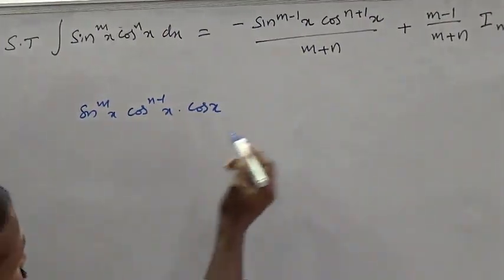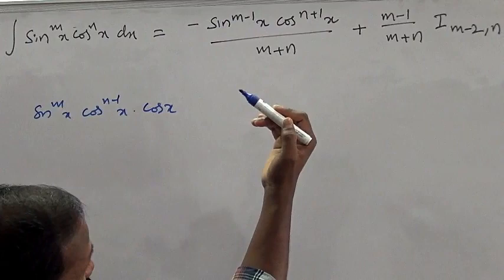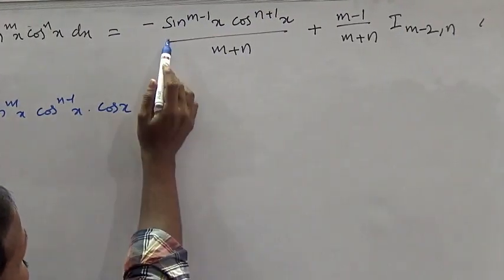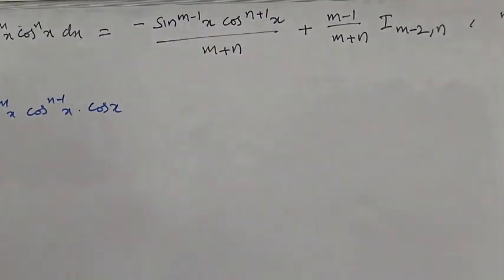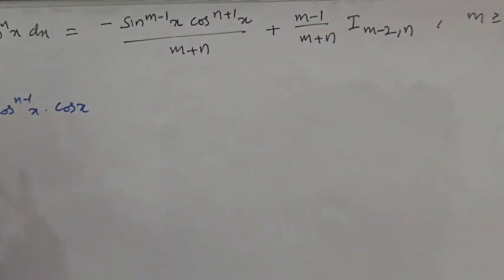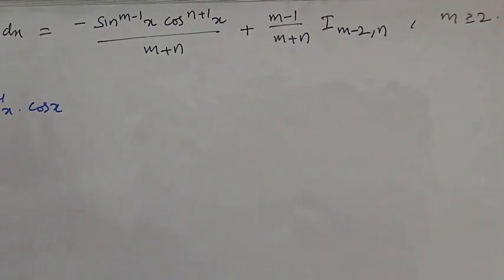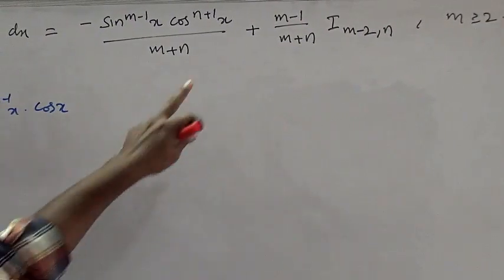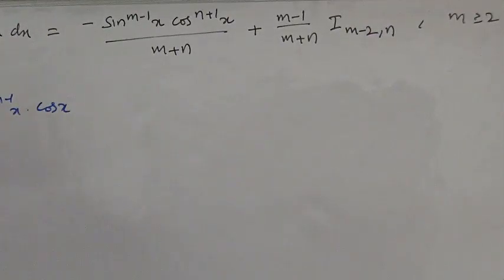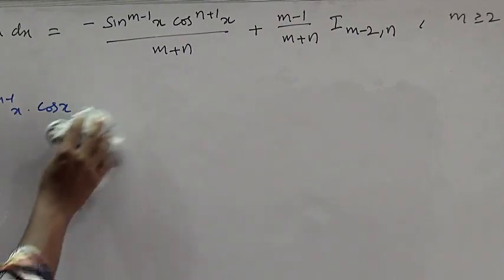Here the answer has sin^(m-1) x, so you must split this sin^m x. According to the answer, you have to split this integration, otherwise you will get another result. Remember that. Don't forget.